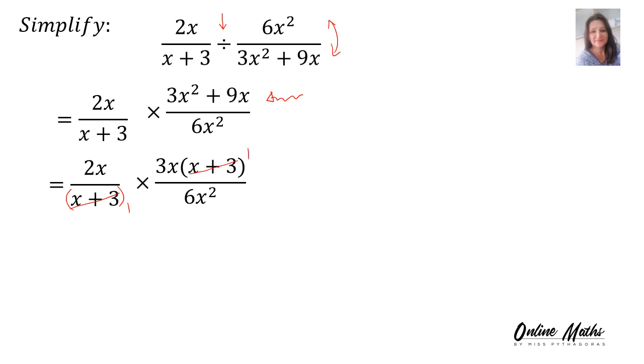And then you're left with, on the numerator, 2x times 3x is 6x squared over 6x squared. And then you can take it one step further, and say 6x squared goes in itself once, and you're left with 1 over 1, which is 1.